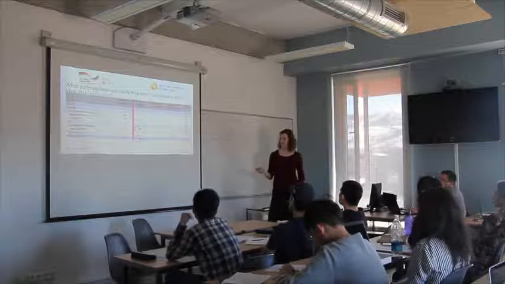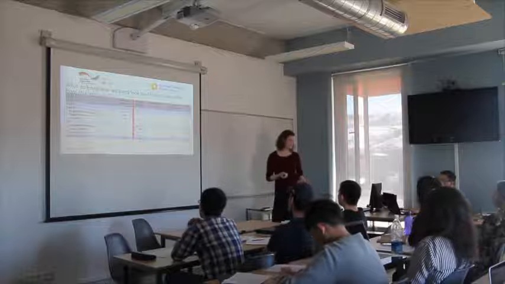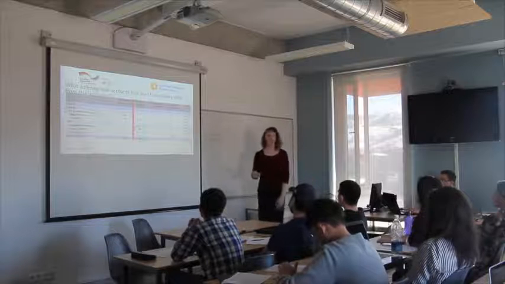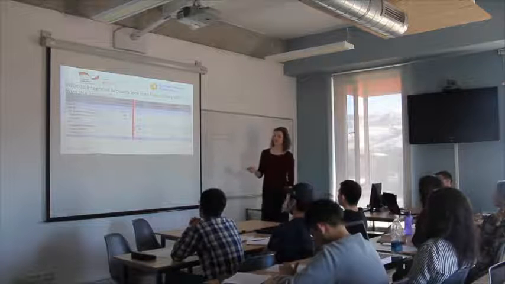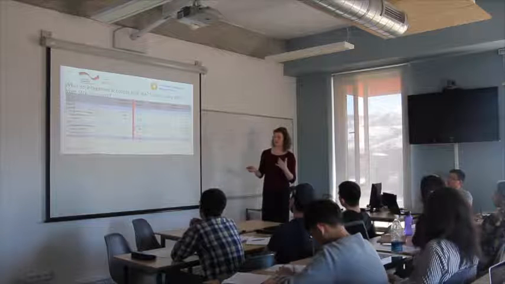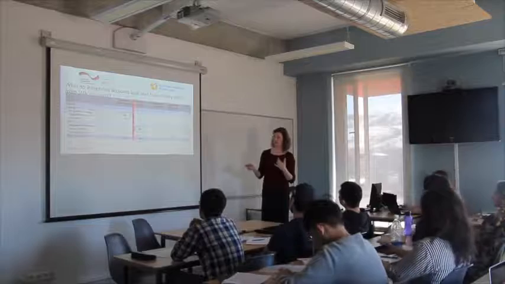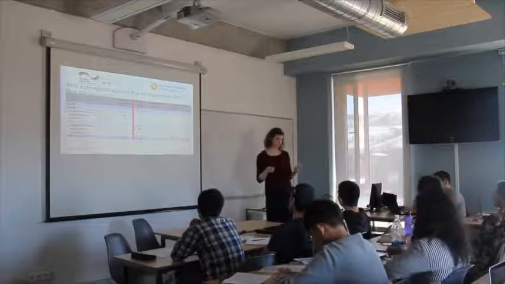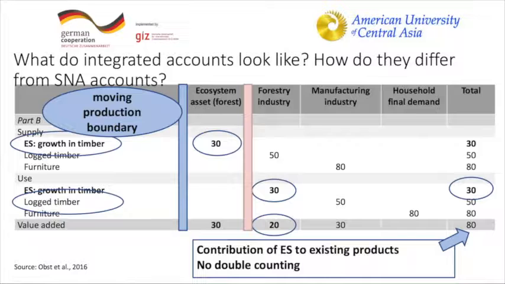So how come that this final figure is just the same? Well, that's because we basically added some services. But those are services that contribute to these products, the furniture, that already were there in the accounting.